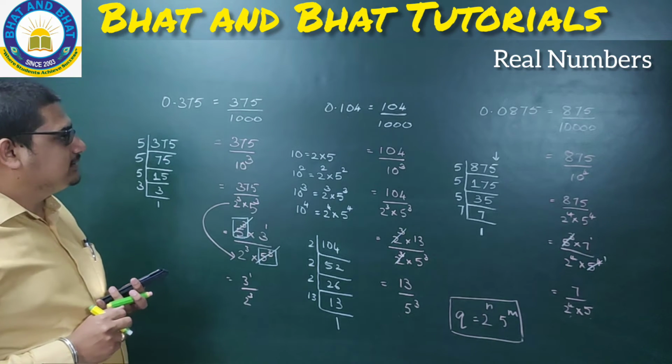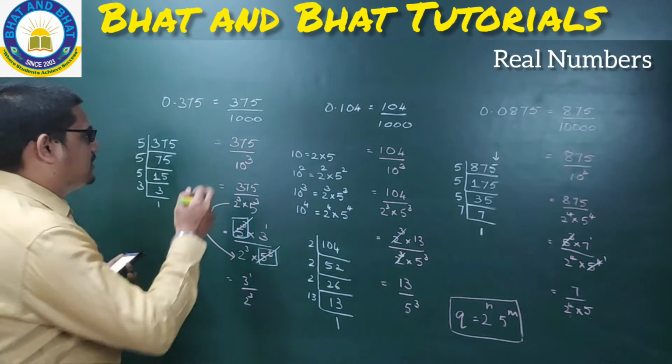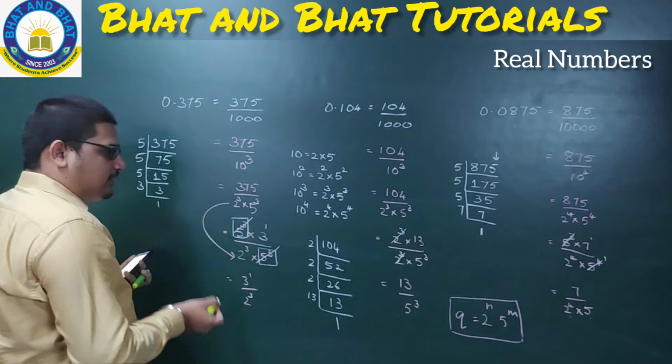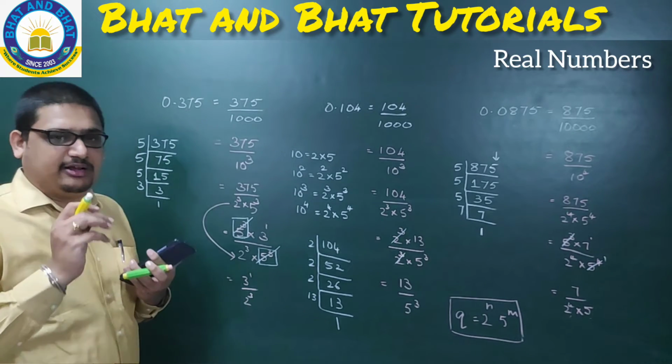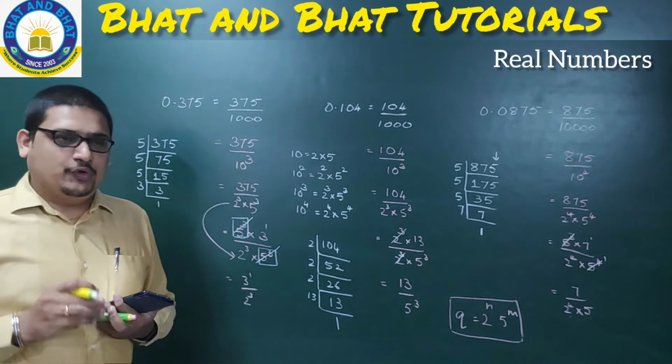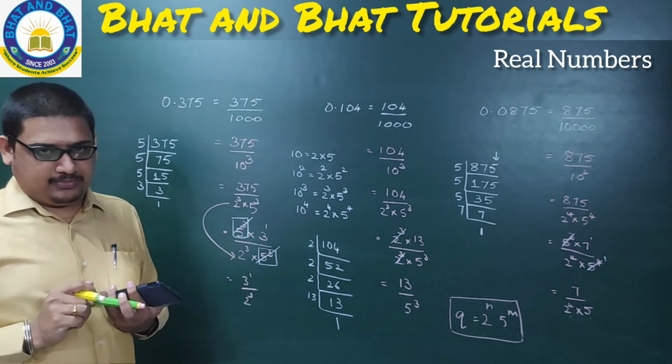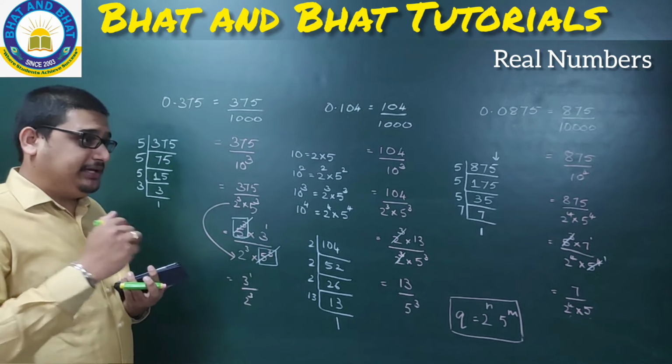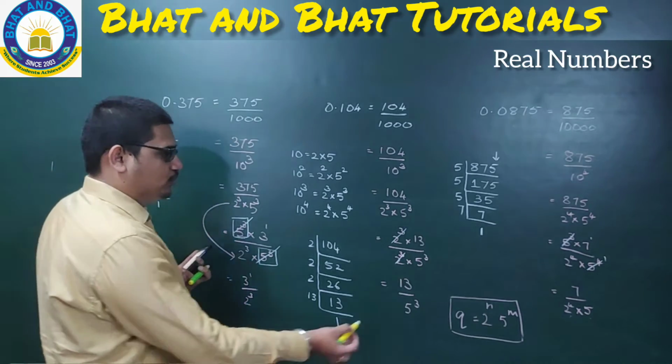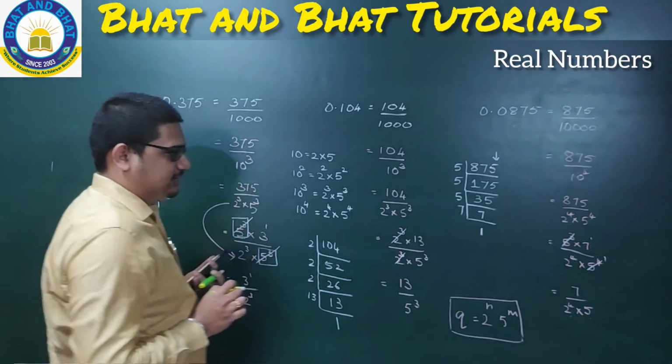So, they have said that the given ratio or the given form of p by q is terminating. That is the conclusion. So if it is terminating, then how should be the expansion of q? That is our denominator.